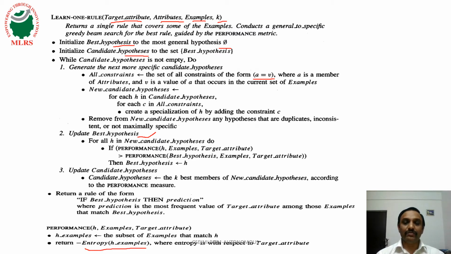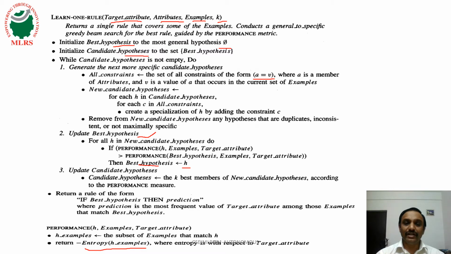Entropy means the purity of the particular data. By using that entropy, we are calculating the performance of the hypothesis, and the hypothesis with the better performance, we take as the best hypothesis. After that, we are updating the candidate hypothesis.